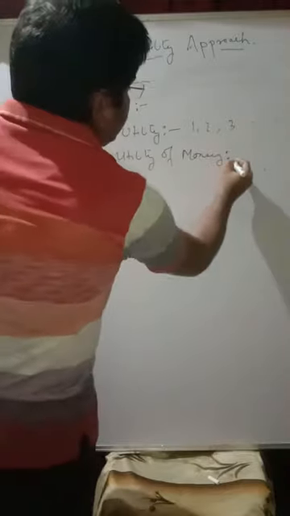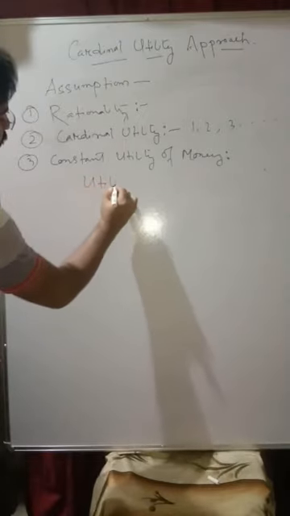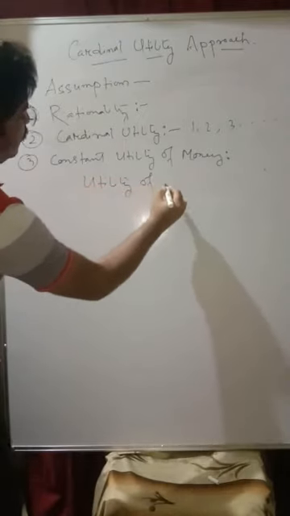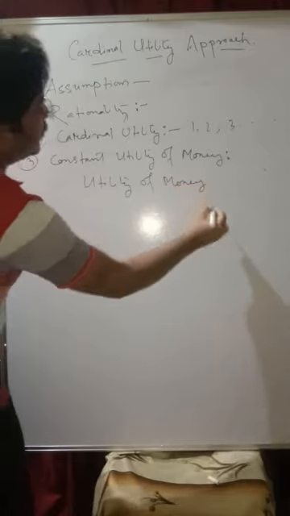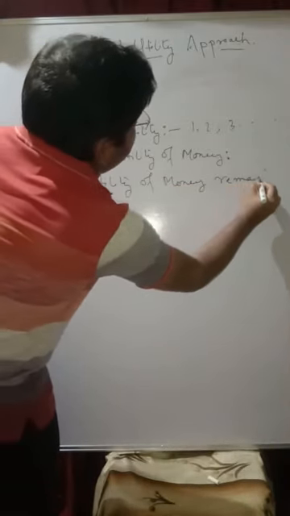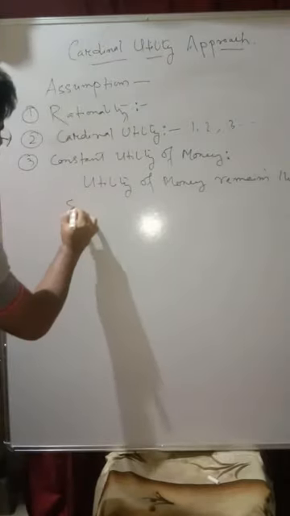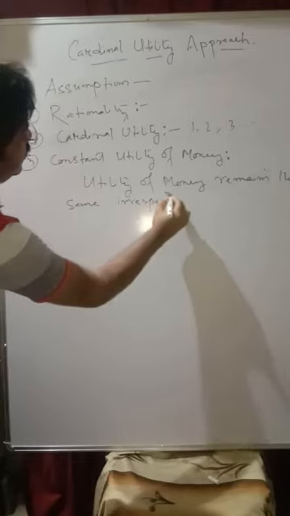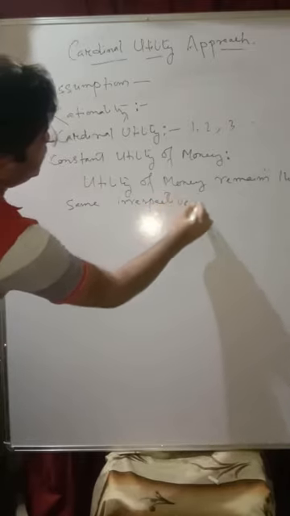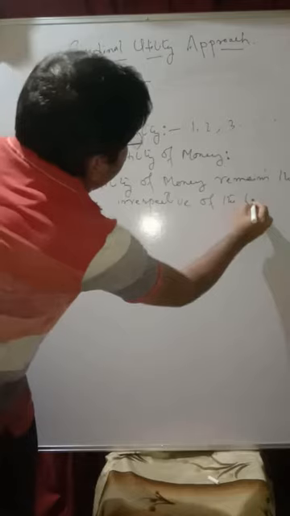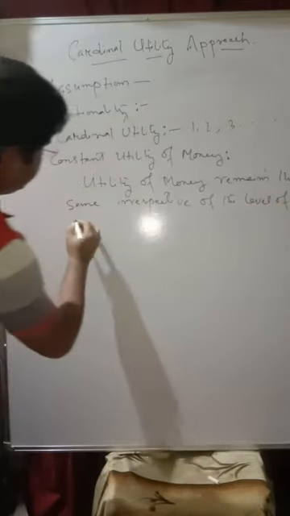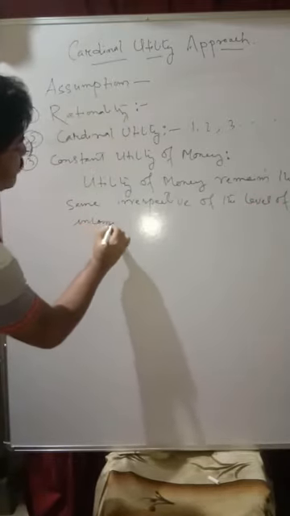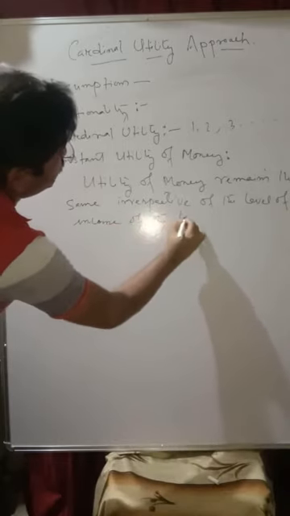Constant utility of money implies the utility of money remains the same irrespective of the level of income of the consumer.